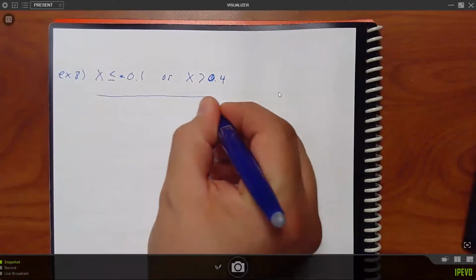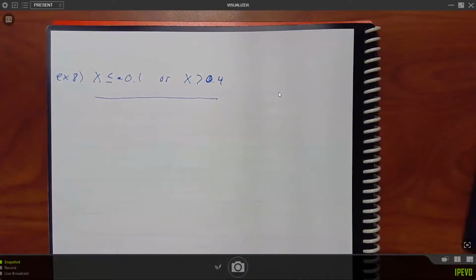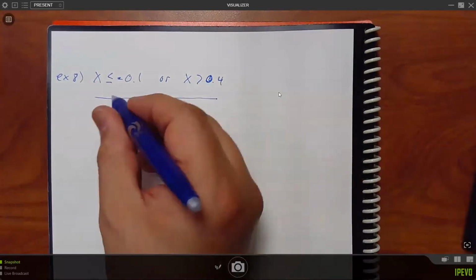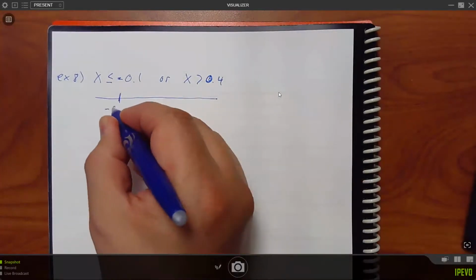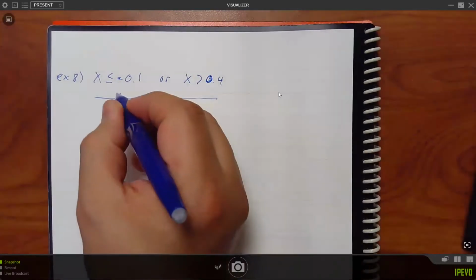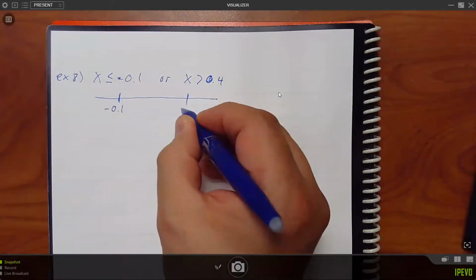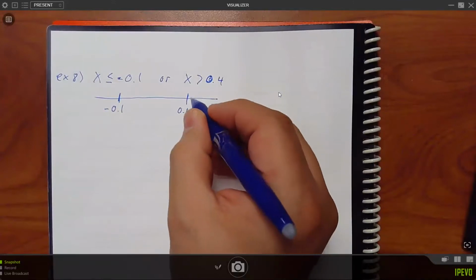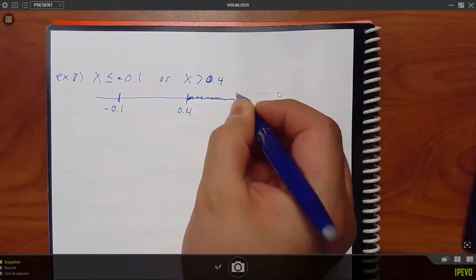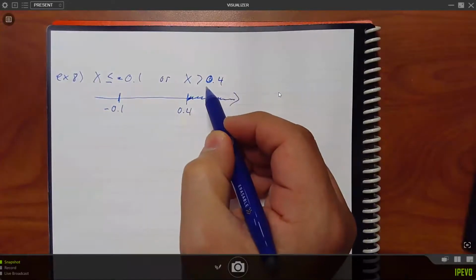So let's find the -0.1, and 0.4. The 0.4 means you just keep going this way, right? To the right. That's what this is saying.